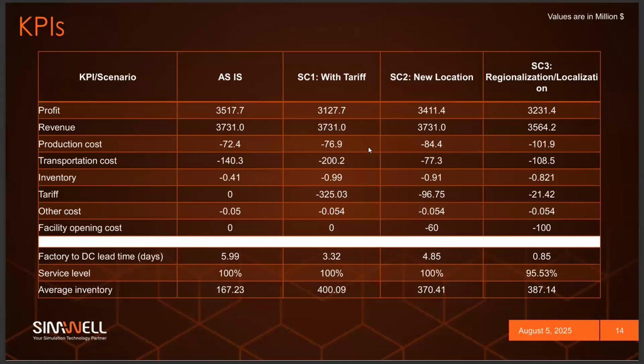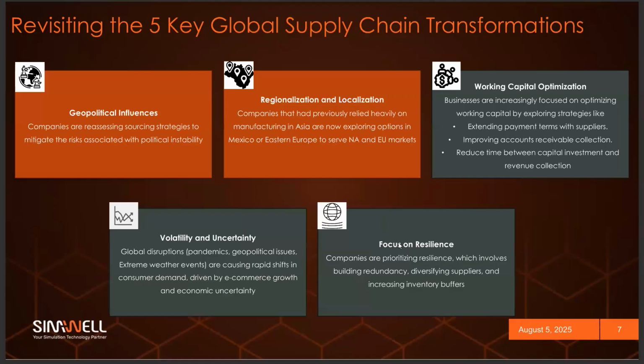Irshad, if we go back to our 5 key drivers, just once. So in this demonstration, we have only completed the first two drivers, that is the geopolitical influences and the regionalization. We will conduct subsequent webinars.